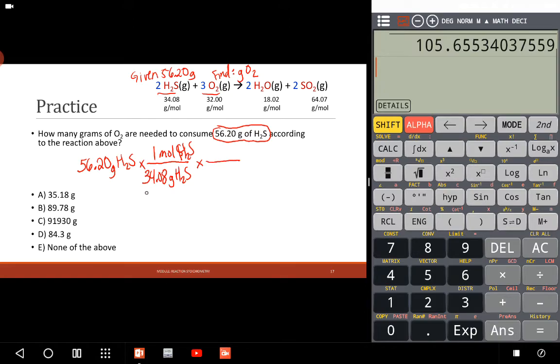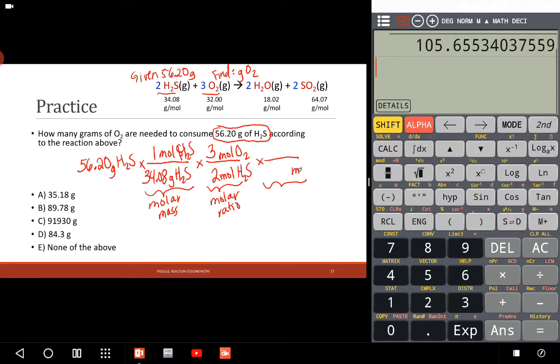Then I use my molar ratio. That was my molar mass. Now I'm ready for my molar ratio. Now that I'm in moles, I need to cancel out 2 moles of H2S, and I need to get into 3 moles of O2. Now my unit is moles of O2.